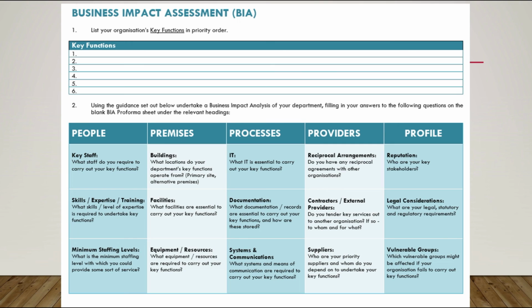Okay. And then you're using a guide set out below in order to undertake a business impact analysis of the department. This is a summary process that, in my opinion, should be executed prior to any detailed drill-down BIA investigation like the previous Loyola example.